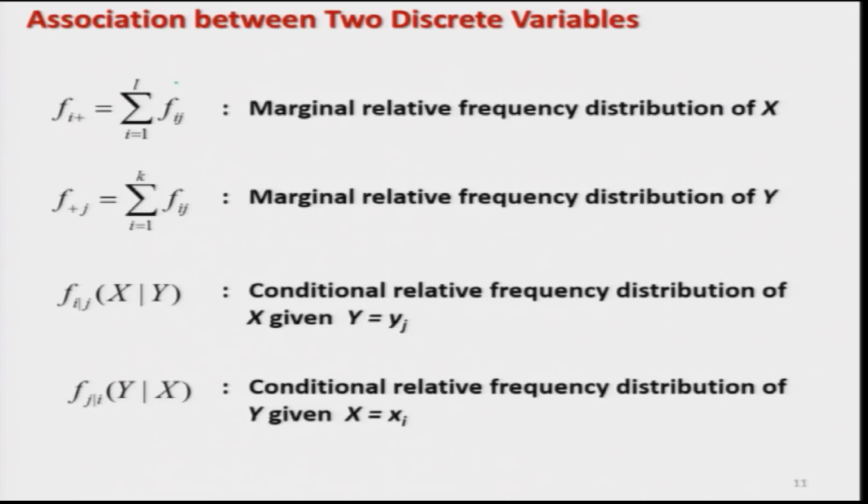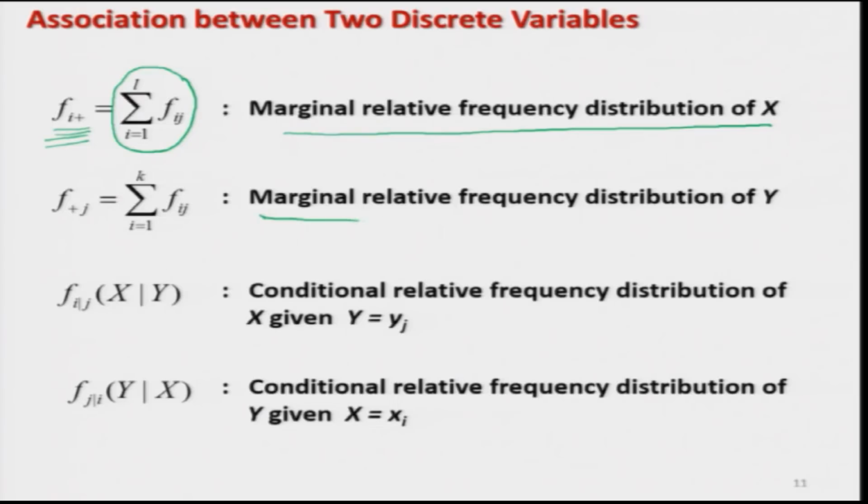So, when I find the sum of all the frequencies in the rows and columns corresponding to x and y, they will give us the marginal relative frequency, similar to the concept of marginal frequency. So, when I sum all the relative frequencies corresponding to x, then for the ith class I get fi plus, which is the sum of all the frequencies in that particular class or row, right.